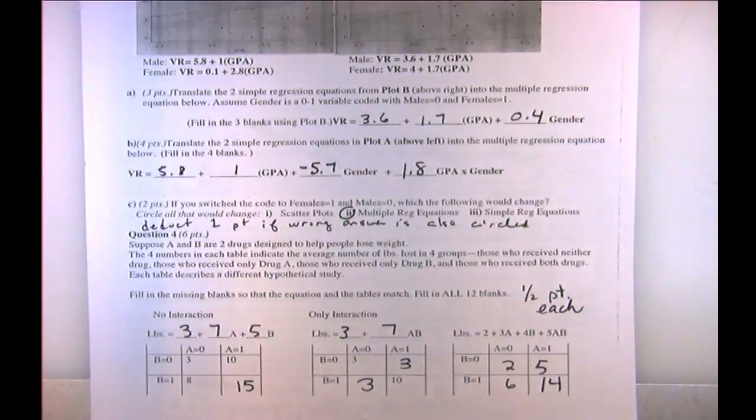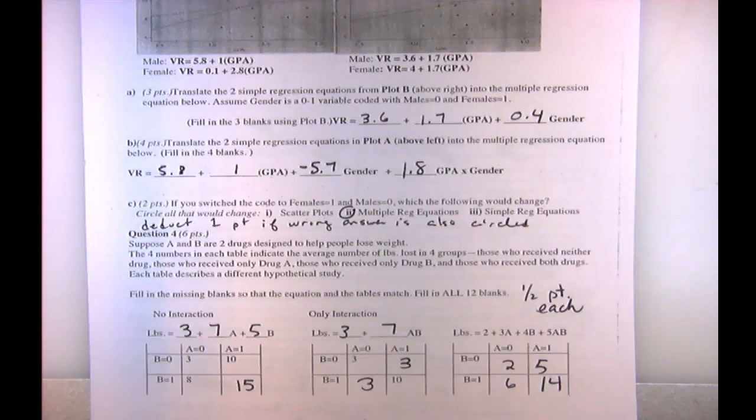Let's turn the page. Page 3. Most people did pretty well on this page. It was very similar to homework problems and practice problems. So this is what it looks like. Make sure it was graded correctly.